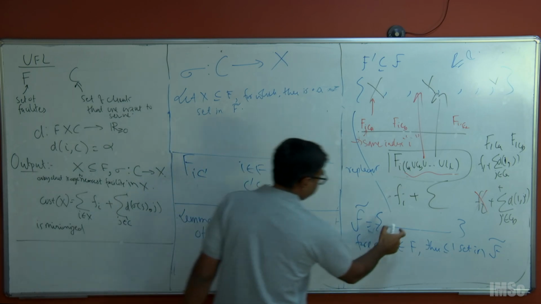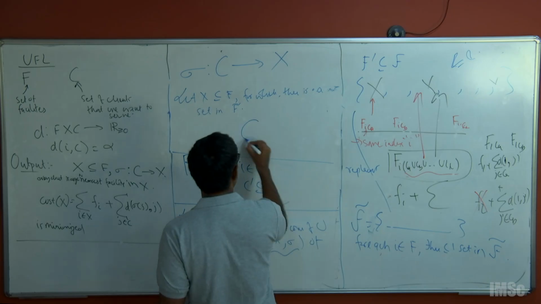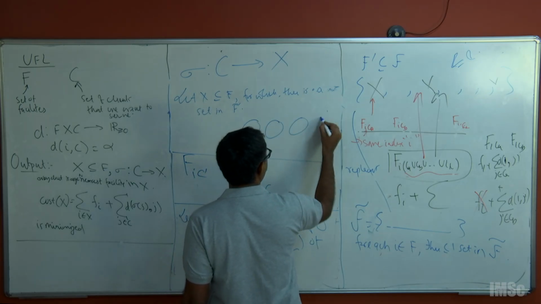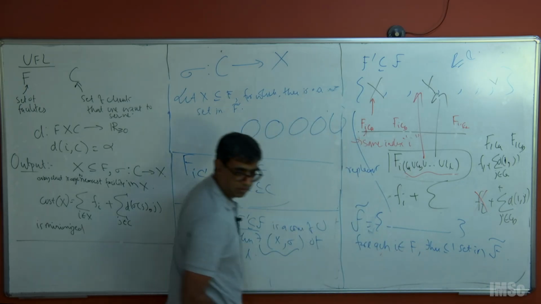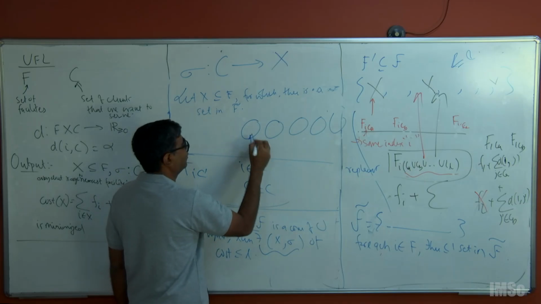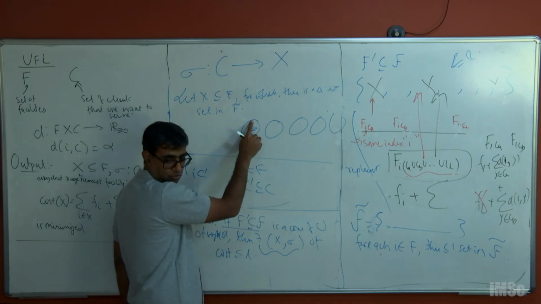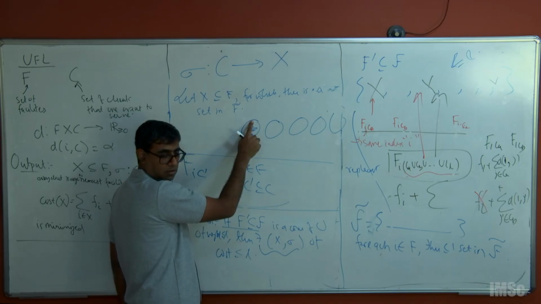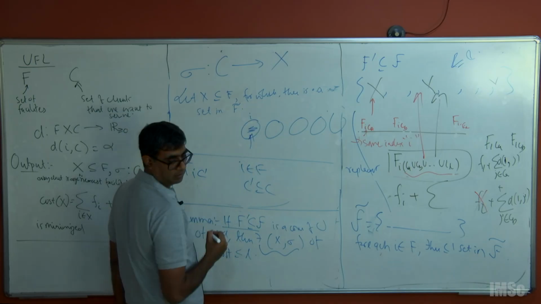Suppose these are the sets here. There are some sets here, some sets here, some sets here. First, just arbitrarily put them in an order. All of this gets assigned to whichever i it belongs to.